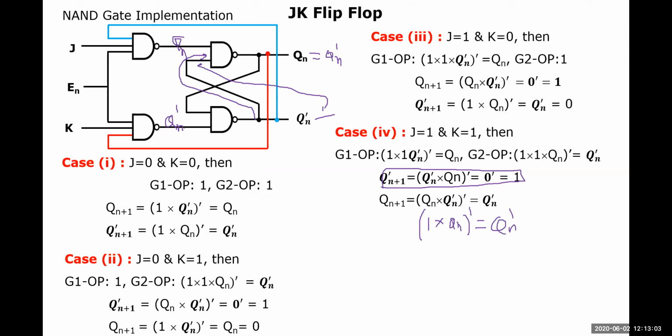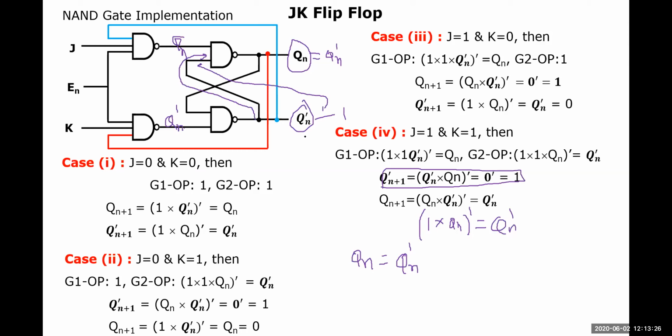What does it mean? In the ordinary form, you got an output Qn whole complement. In the complementary form, you got output as 1. What does it mean? Qn will be equal to... you may write here as ordinary form, so you have written as complementary form.